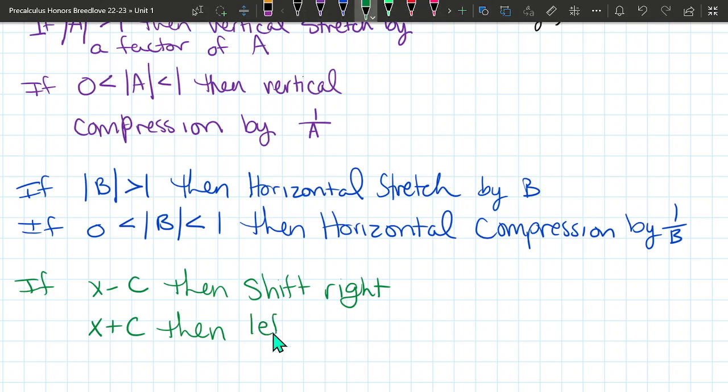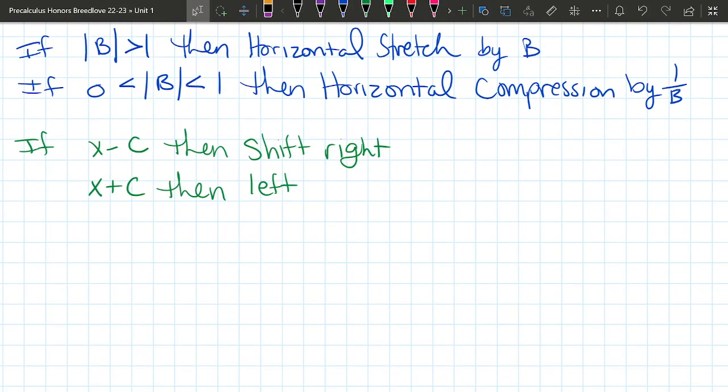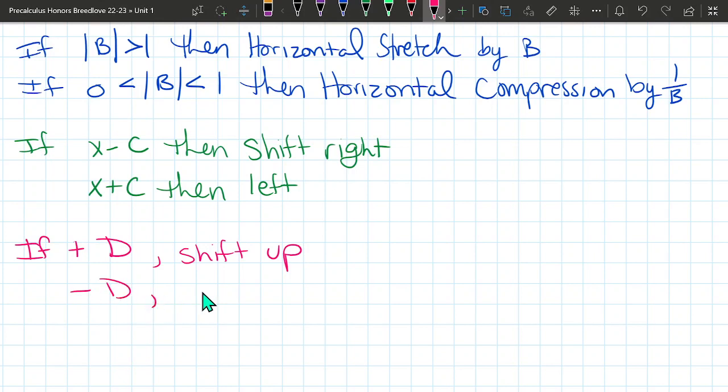Yeah, fine, then left. That's fine. And then your d value at the end was the vertical movement or translations. So if you have a positive d, then shift up. And if negative d, shift down.